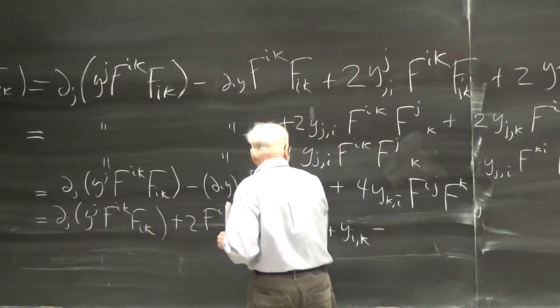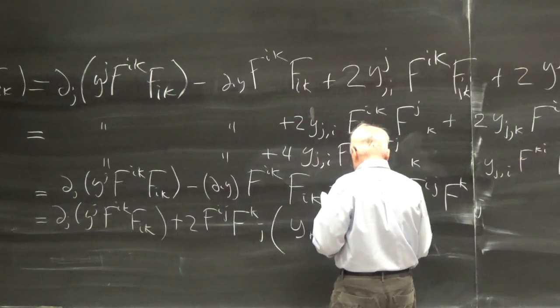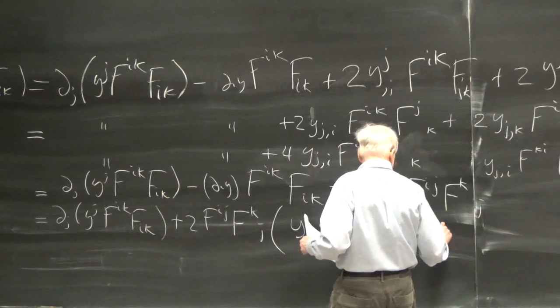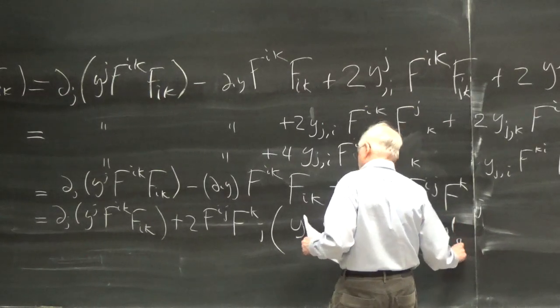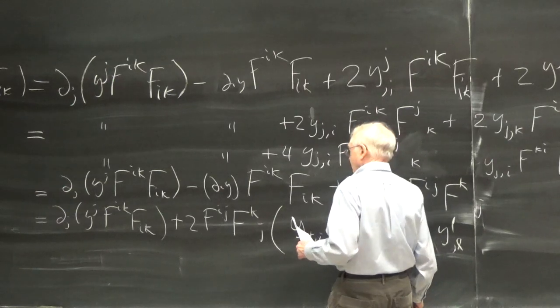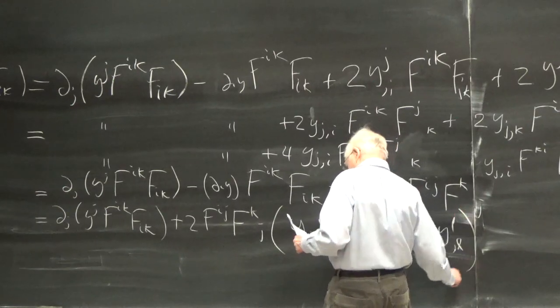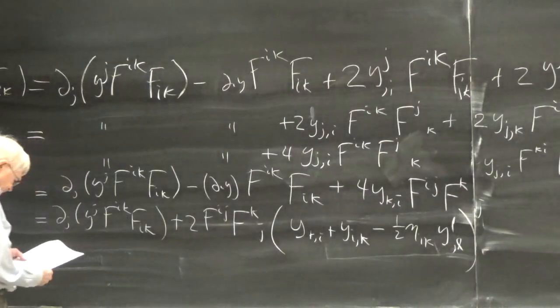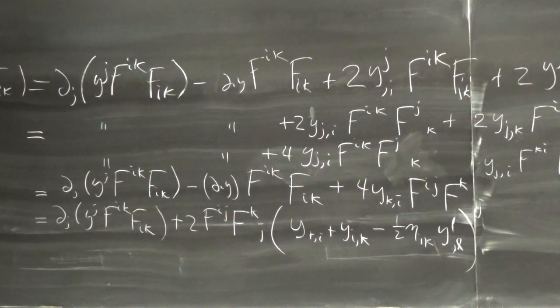And then this one we rewrite as minus a half eta_{ik}, let us say y_{l,l}, or del dot y, I don't know which is more reasonable.